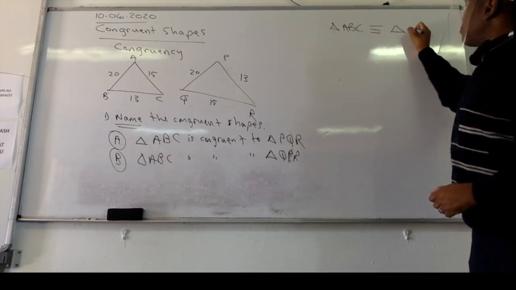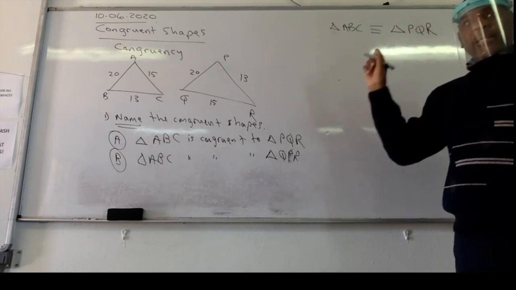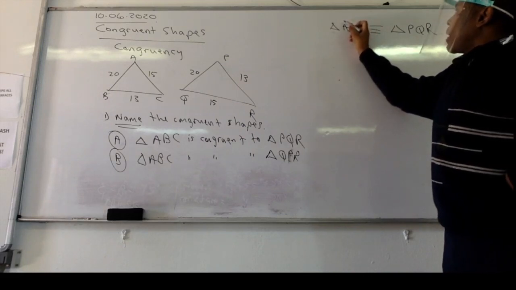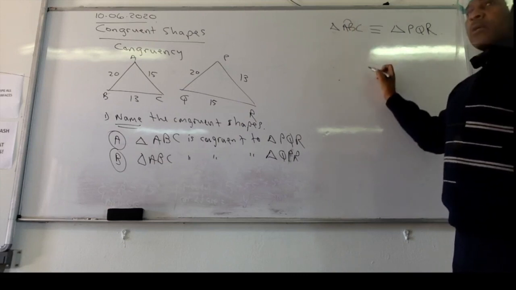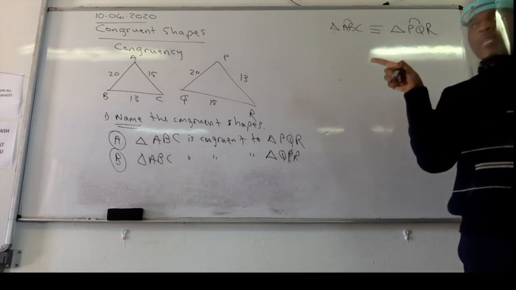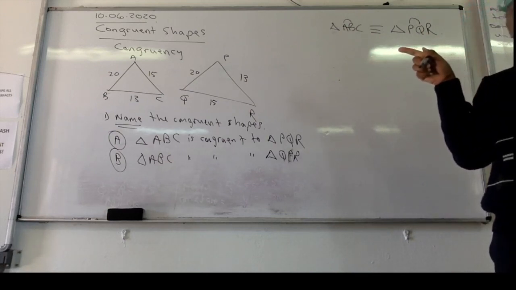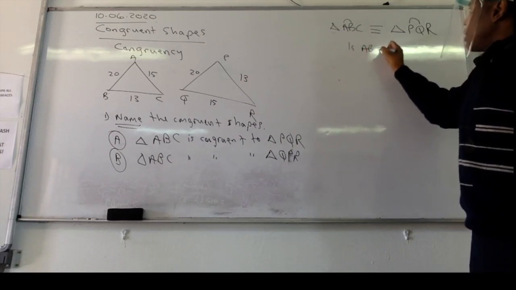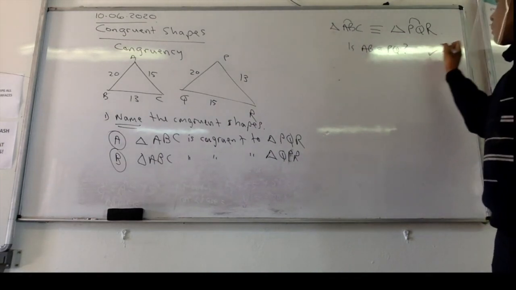So you said PQR. If that is correct, then the length AB should be the same as the length PQ. Can you check? Is AB equal to PQ? You said yes.